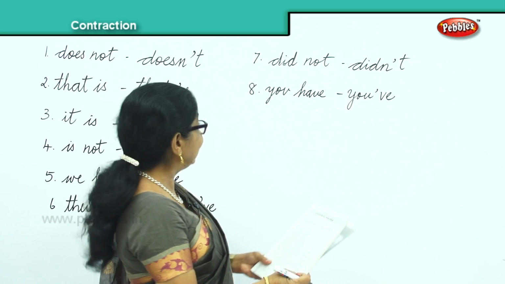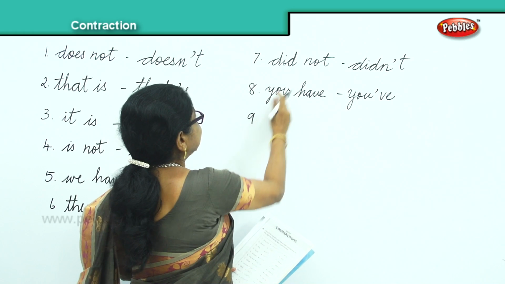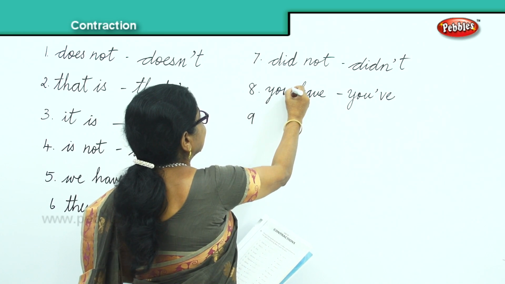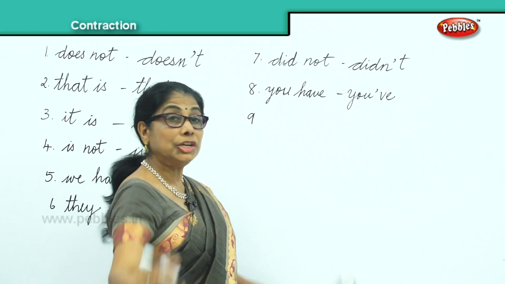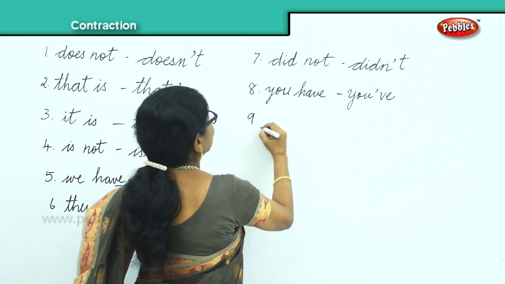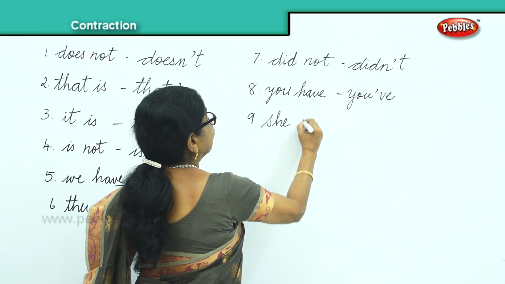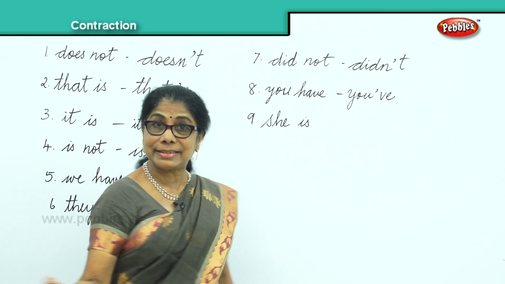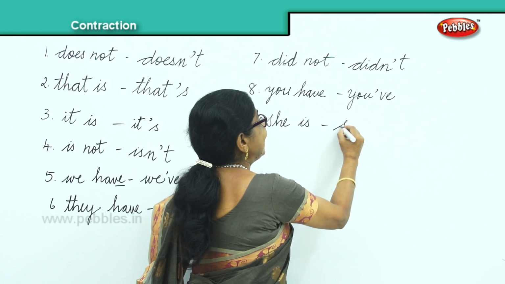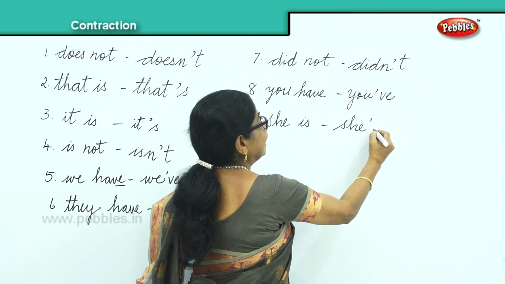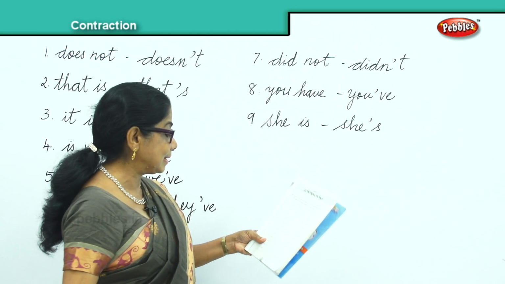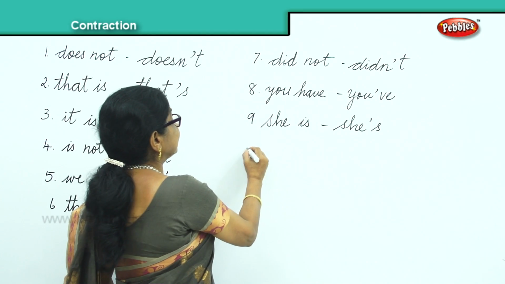Now, another one. She is. She is. Okay? You'll write she, apostrophe, S. She's.